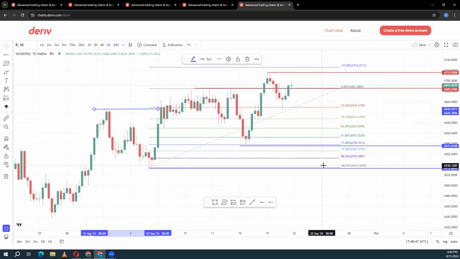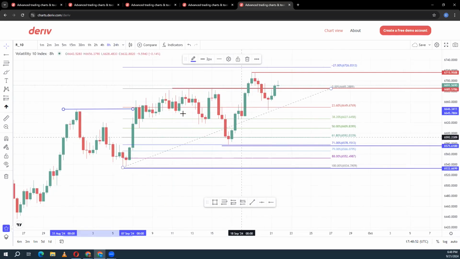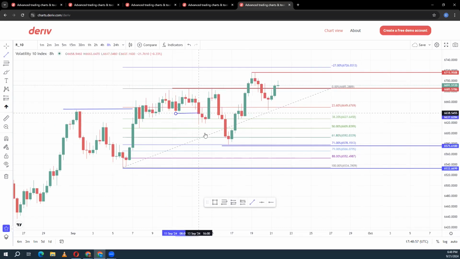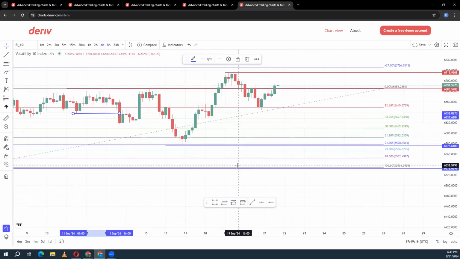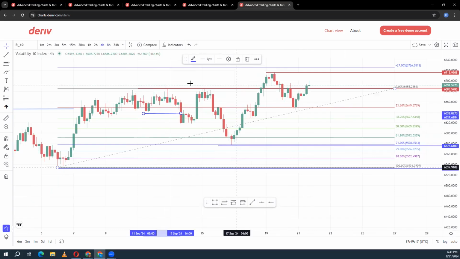So what can we see here, guys? We can see a good supply zone here. When this market was still in our supply area, it gave you, I think it's on the 4 hours, a good sell, I think here.